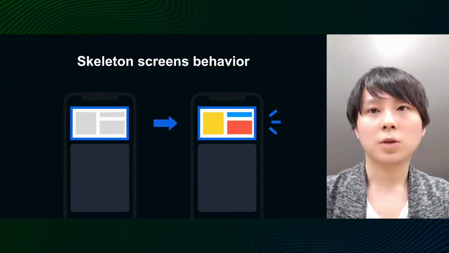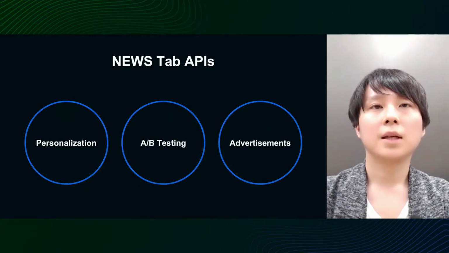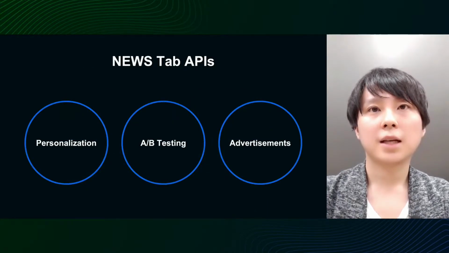In order to switch between the skeleton screen and the content without shift, their heights need to be perfectly aligned. This means that you need to know the layout information from the stage when the content resources are not yet ready. Now, the 3 APIs of Line I talked about earlier can cause layout shift.